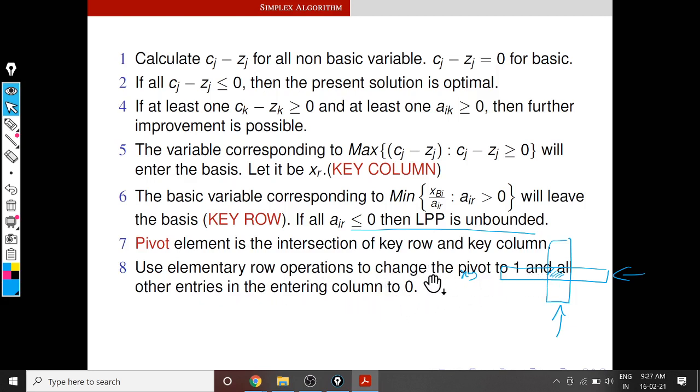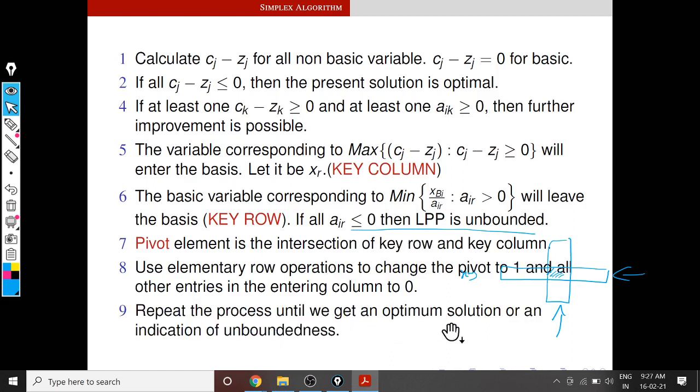Using row operations we convert this pivot element to 1, and all other elements in the entering column become 0. Then repeat the process until we get an optimal solution or an indication of unboundedness.